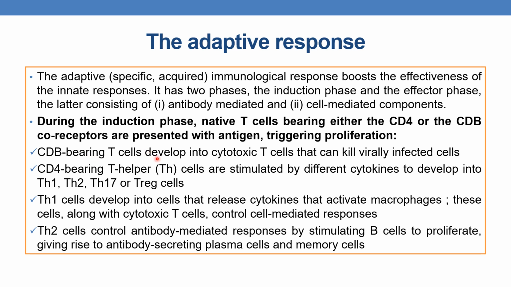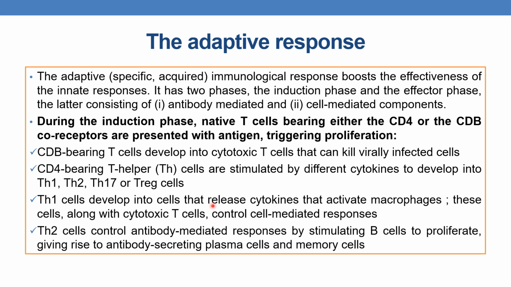CD8 bearing T cells develop into cytotoxic T cells that can kill virally infected cells, and CD4 bearing T helper cells are stimulated by different cytokines to develop into Th1, Th2, Th17 or Treg cells, the T regulatory cells.